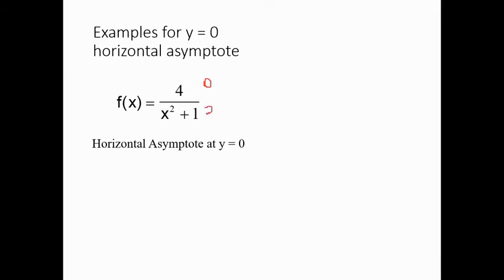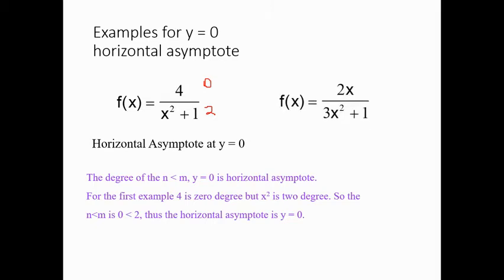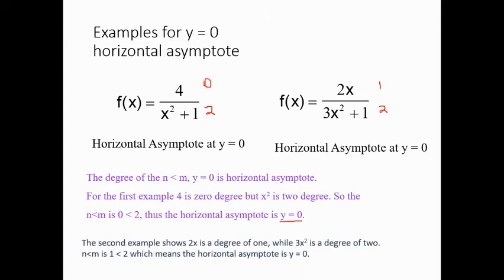And down for the denominator, we have a degree of 2. Let's look at our next one. Notice here we have a degree of 1. This is a degree of 2. So again, the horizontal asymptote is y equals 0, or the x-axis. Okay? And again, in the second example, 2x is a degree of 1, while 3x squared is a degree of 2.